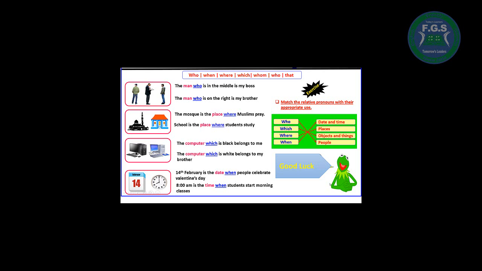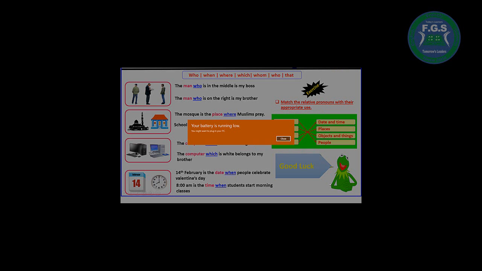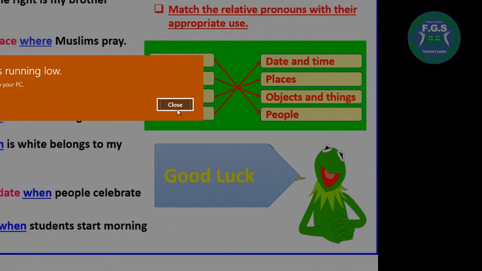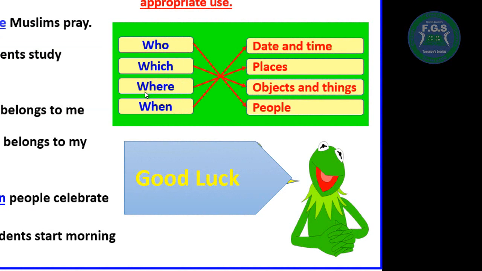Another example, school is the place where students study. The computer which is black belongs to me. The computer which is white belongs to my brother. For when, 14th February is the date when people celebrate Valentine's Day. Another example, 8 a.m. is the time when the students start morning classes.